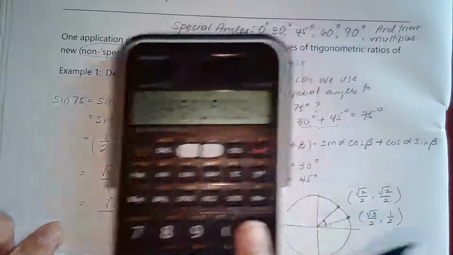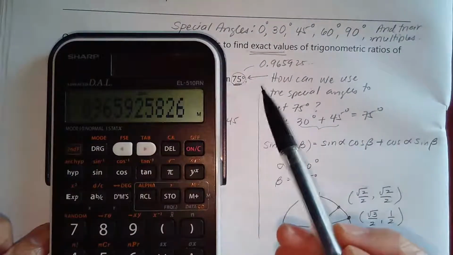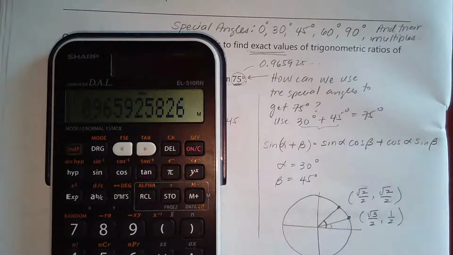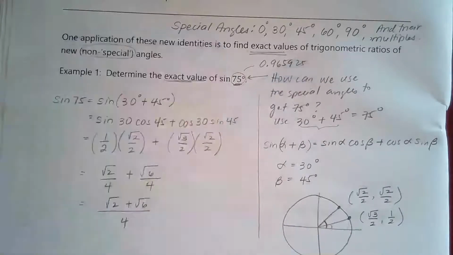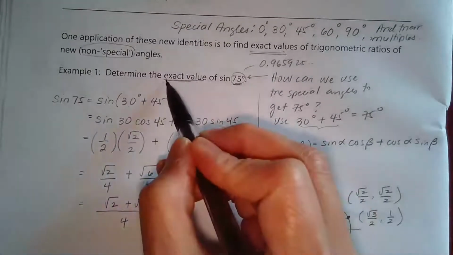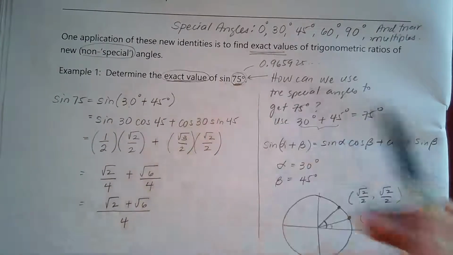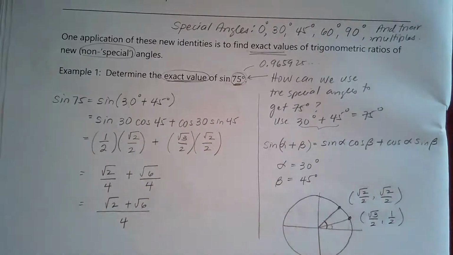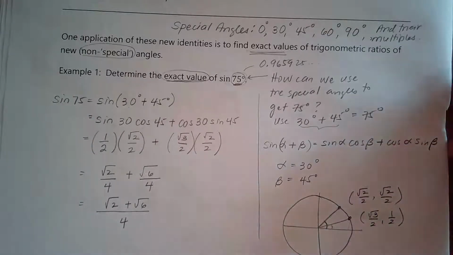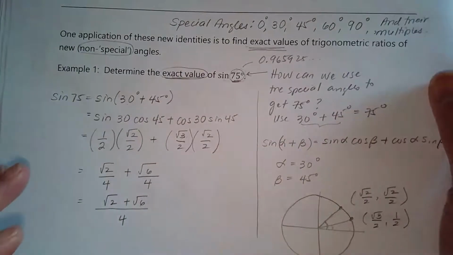As you can see, it's the same value. So when they ask for exact, we have to use the sum and difference of angles in that case. That's one example.